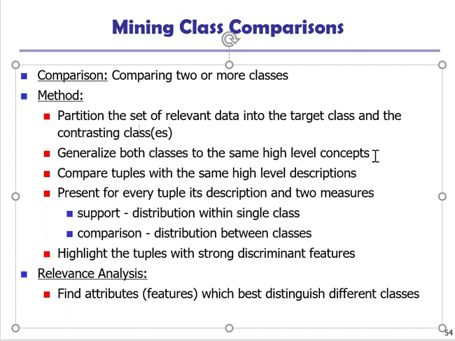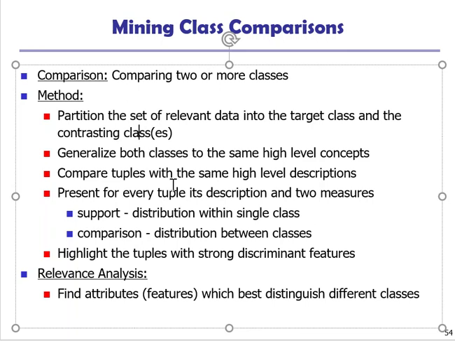So the generalization step is going to be consistent, the same generalization operations being applied on both tables. And then we can compare the results and see, after the attributes are generalized, what the distributions are.